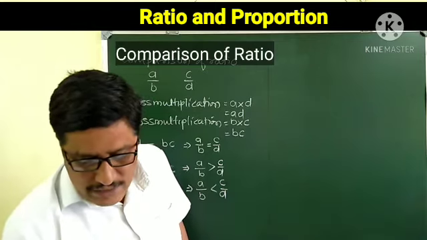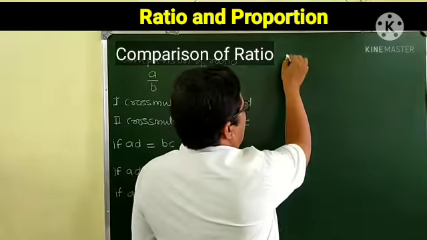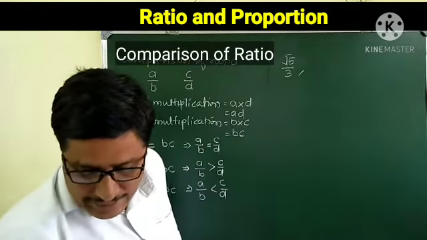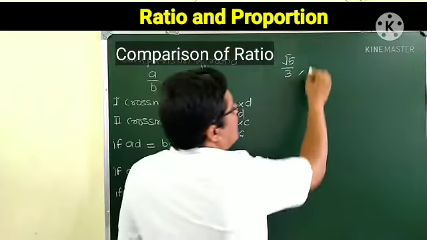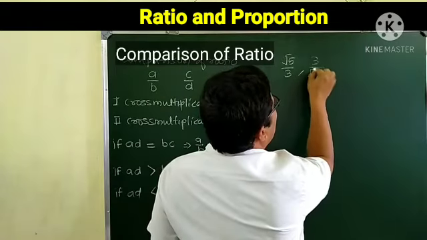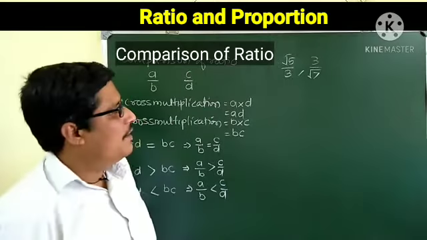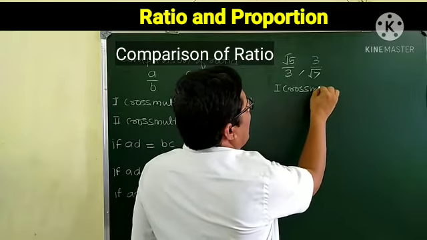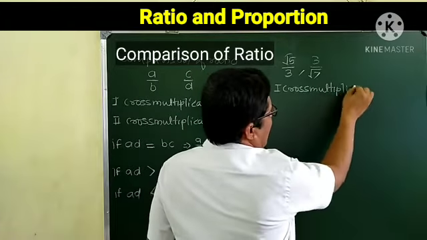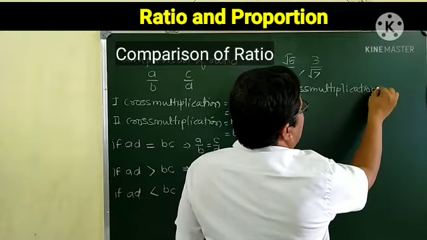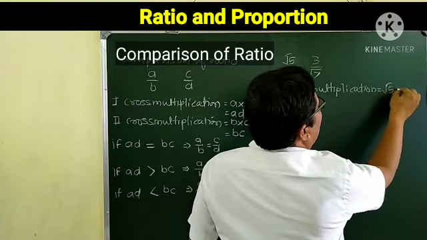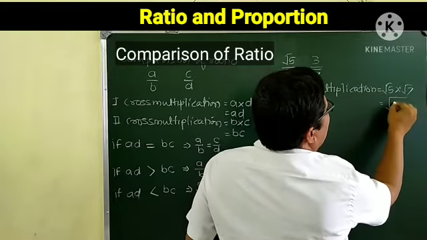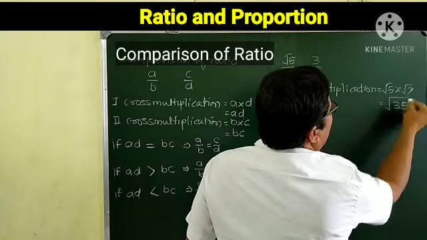Now we will take one example for this. The first ratio is square root of 5 is to 3, and the second ratio is 3 is to square root of 7. Now we will take the first cross multiplication, that is square root of 5 multiplied by square root of 7, so it will be square root of 35.